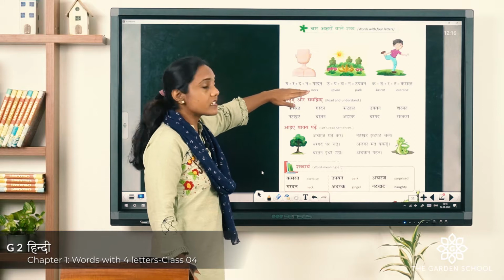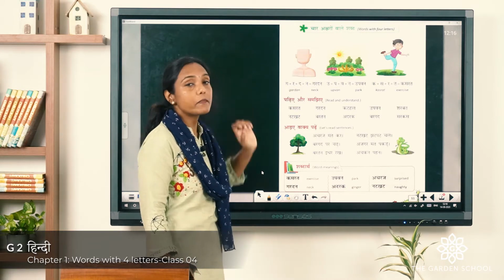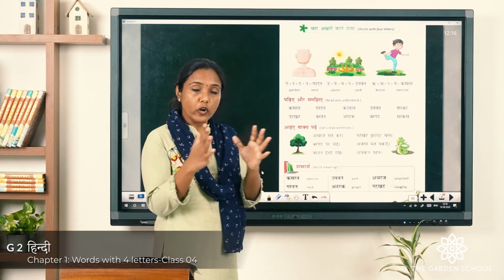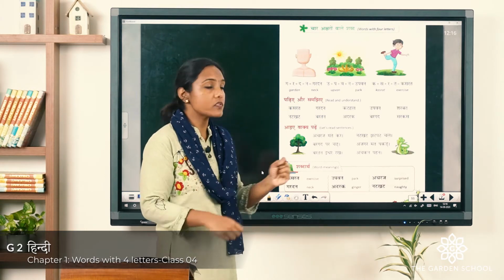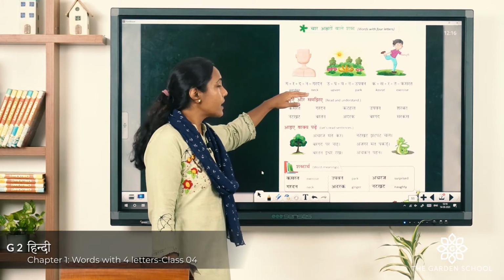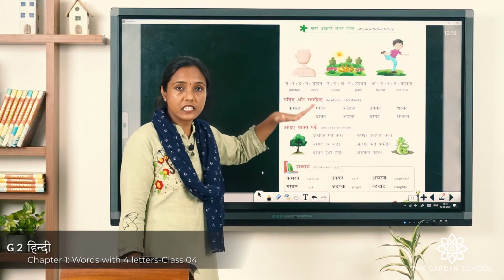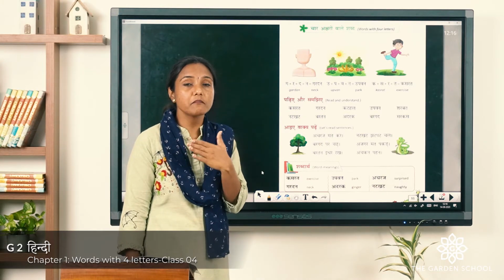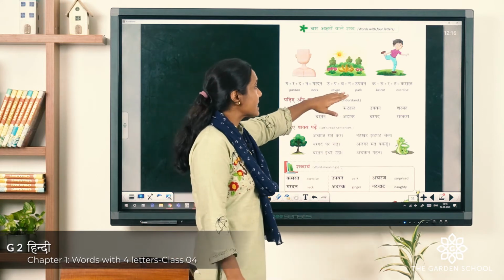Together, joining all these 4 letters, how do we pronounce it? Gardan. Shall we say again? G plus R plus D plus N is equal to Gardan. Gardan means neck.